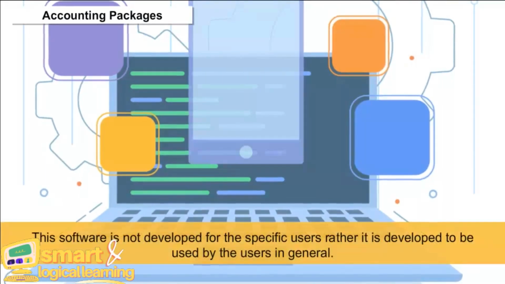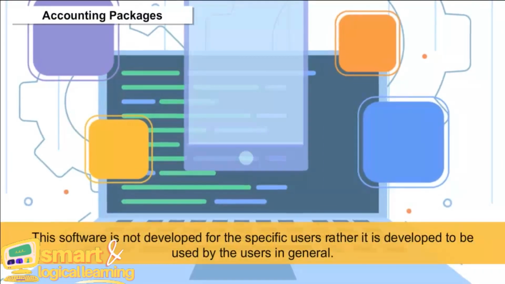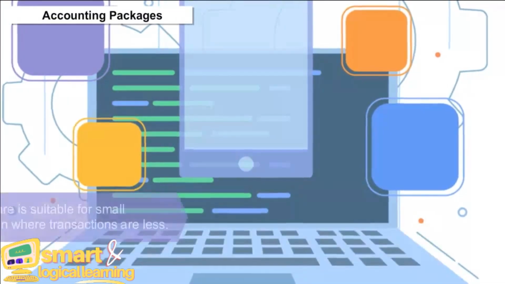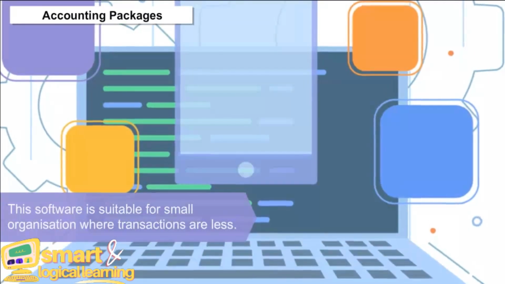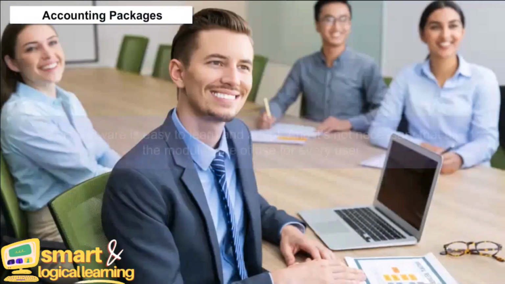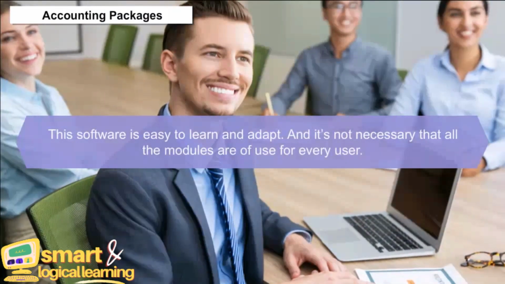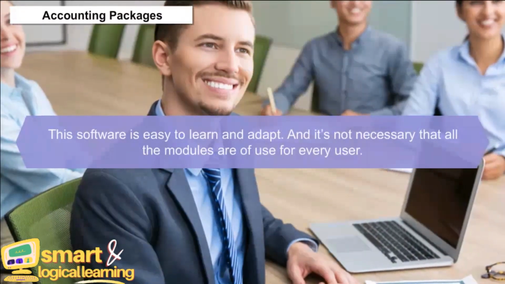This software is not developed for specific users. Rather, it is developed for use by users in general. This software is suitable for small organizations where transactions are fewer. This software is easy to learn and adapt, and it's not necessary that all the modules are of use for every user.